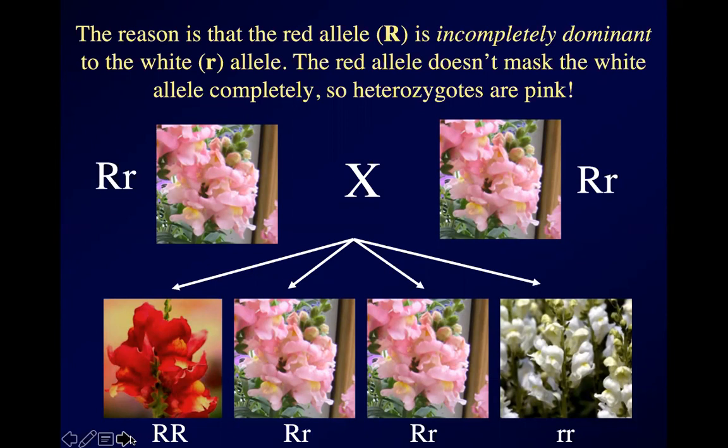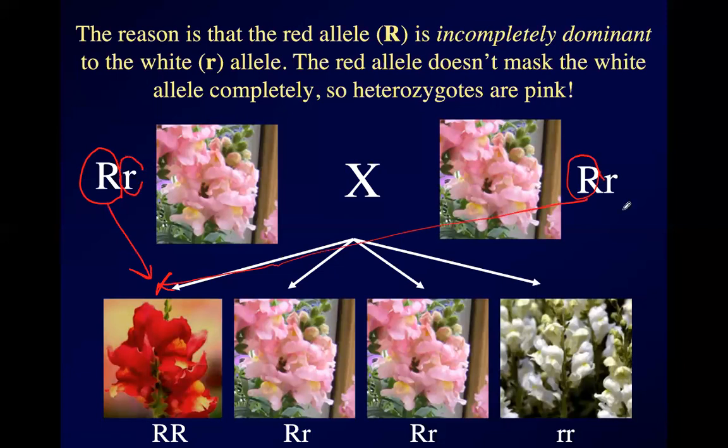If you cross two snapdragons that both have the genotype big R, little r, some of the offspring will just happen to get the big R from both parents, and they will look red.